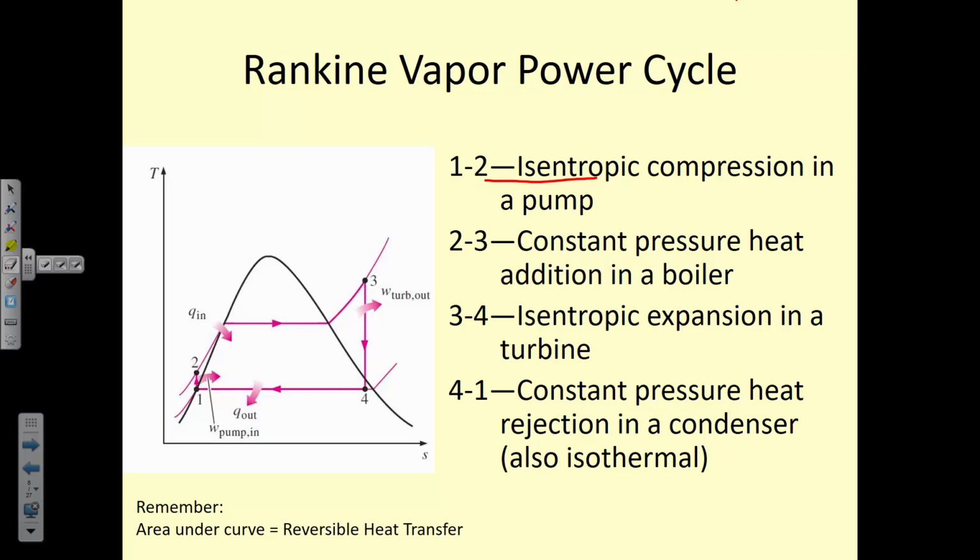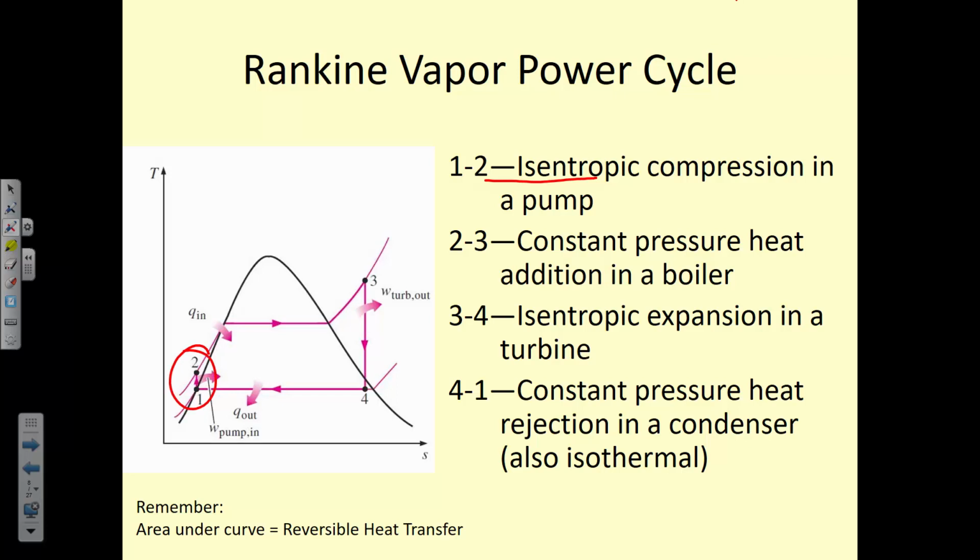Okay, any other questions about the setup of this cycle? It should be familiar to you because every single one of these devices is a steady flow engineering device that we've already studied and analyzed. We're just putting them together now in a vapor power cycle to have a net work output. And the advantage with a vapor power cycle over a gas turbine is that we have a pump pumping the liquid here.